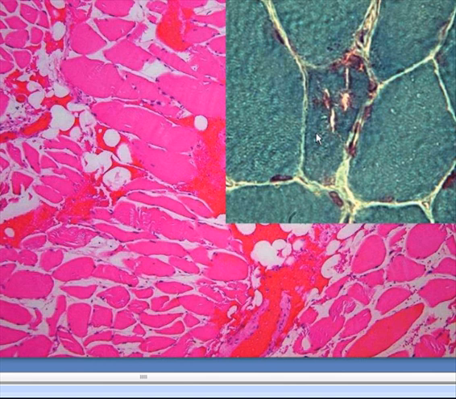Here's one of the most common things to see in just about any type of myopathy. And look at this. Do you remember when I showed you all of those normal pictures of skeletal muscle? Do you remember that generally all of the logs were approximately the same thickness? Well, look, here's a thin log, here's a thin log, here's a thin log, here's a fat log, here's a fat log. What does that mean?